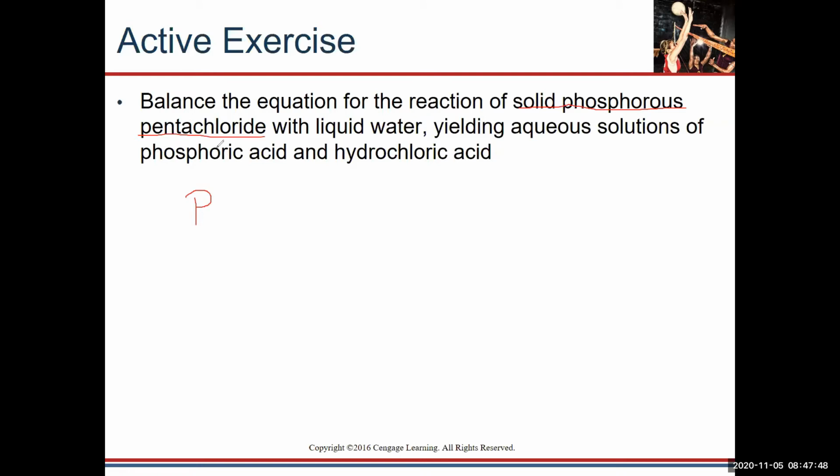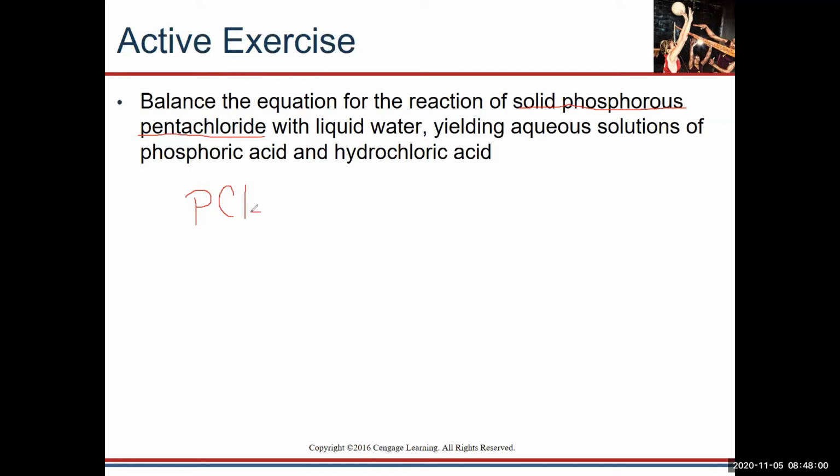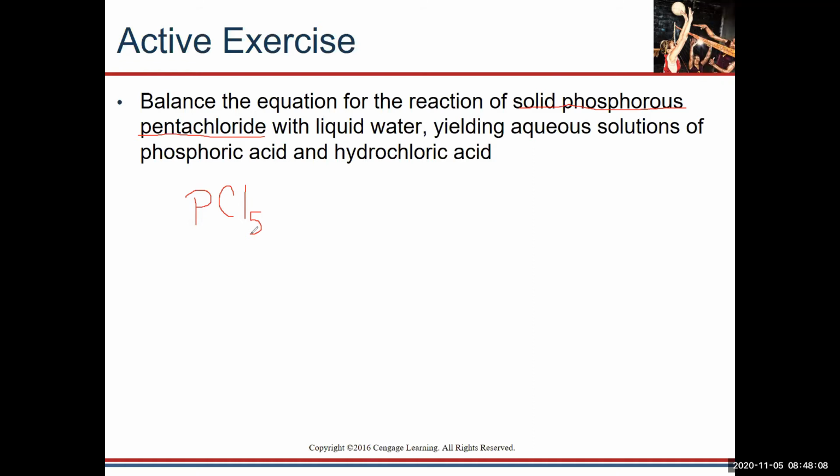And then chloride? Cl. So how many chlorides do I have? 5. See, wasn't that hard? No. That's going to cost you $500, right? Because you should know this. Yes. Okay, so I expect it on my next check.